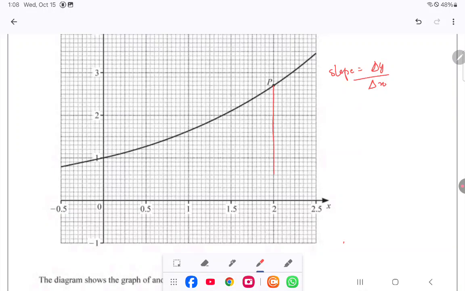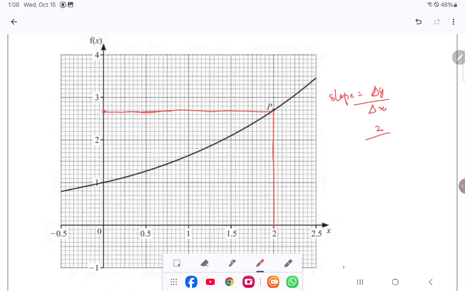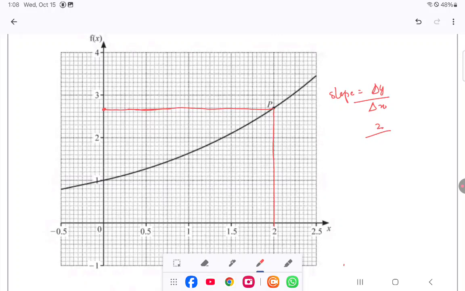So calculate the x and y. This is our y, which is 2, and for the x, if we move straight, this is the point where P touches the y-axis. We can say it is 1, 2, 2.1, 2.2, 2.3, 2.4, 2.5, 2.6, 2.7.